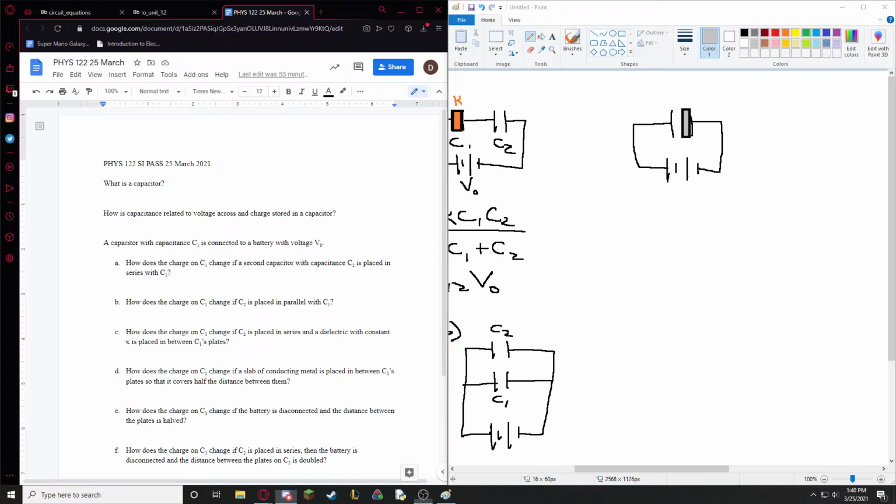All right, so we have our conducting slab and we're placing it halfway between our two sides of our capacitor. So it actually doesn't matter where we place the conducting slab, but it takes up about half the distance between our capacitor plates. So how is this going to change the charge on C1? Well, first of all, how is this going to change the capacitance of C1?